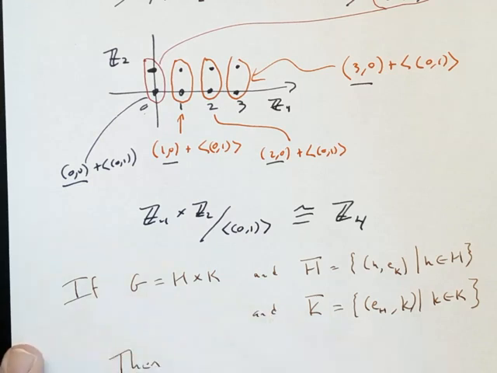Then H bar and K bar are normal subgroups.